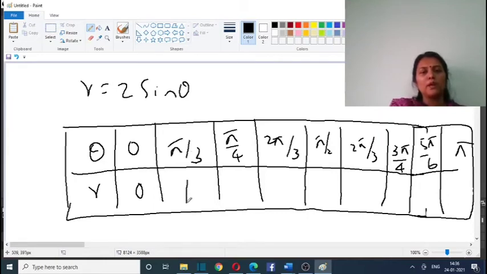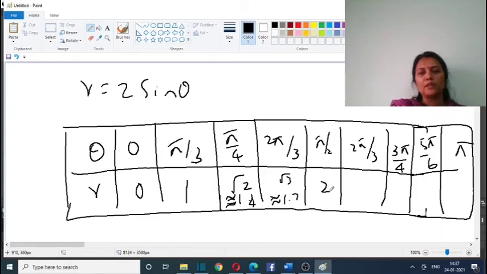When theta equal to pi by 4, sin theta is 1 by root 2 into 2, is root 2, equal to 1.4 approximately. And when theta is pi by 3, it's 60, sin 60, the value is root 3 by 2 into 2, it's root 3, approximately 1.7. When theta equal to pi by 2, sin theta is 1 and the value is 2.